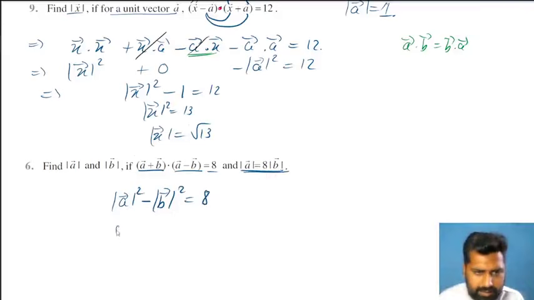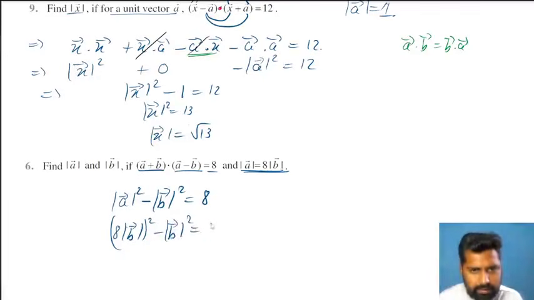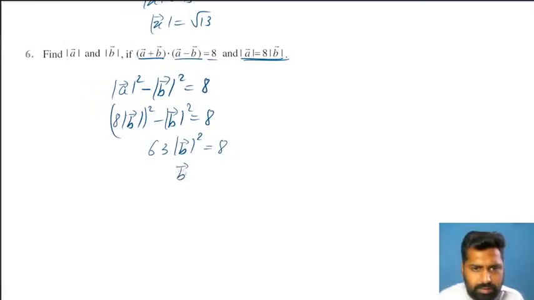So 8 times mod b square minus mod b square is equal to 8. So 8 square is 64 minus 1, 63 mod b square is 8. Mod b square is 8 by 63, weird value.